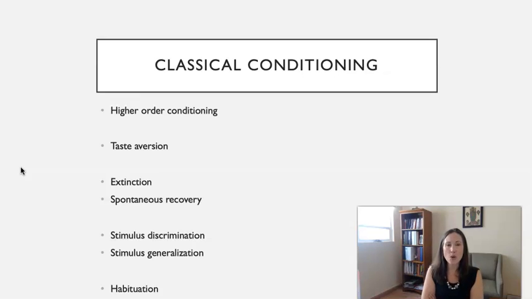Basically, if you have a neutral stimulus that is similar but not identical to the conditioned stimulus, you will not respond to the neutral stimulus with the conditioned response because it's not the same thing. You have learned to discriminate between the two.